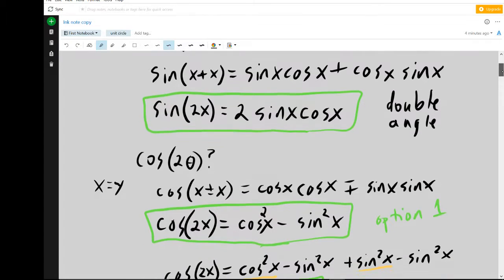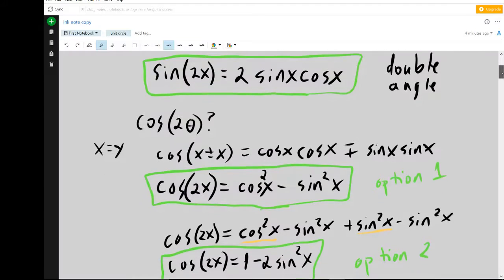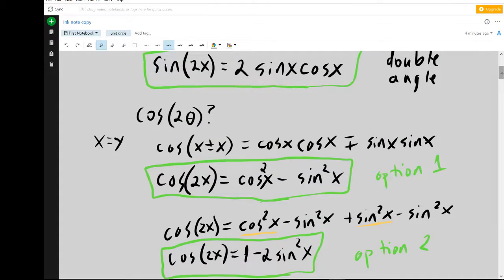For cosine of a double angle, we're going to do the same idea. We're going to take our angle sum difference formula for cosine, and we're going to manipulate it so that we're only looking at the addition portion of it. What we're going to find is there's actually 3 different options for how we define our end result, and they're useful for different reasons.